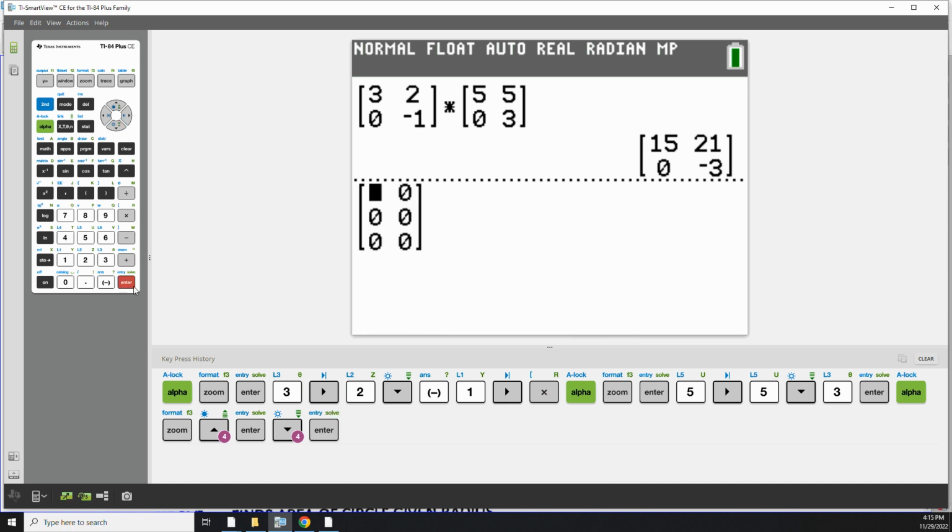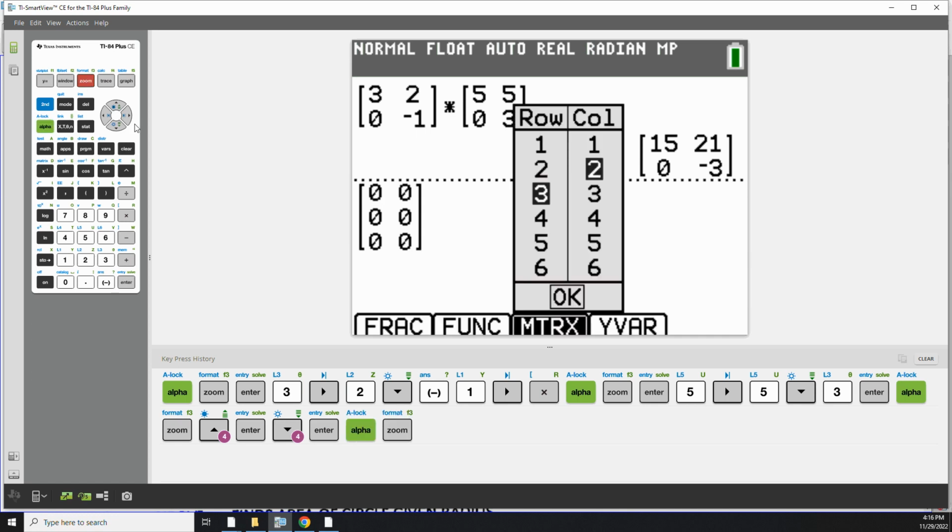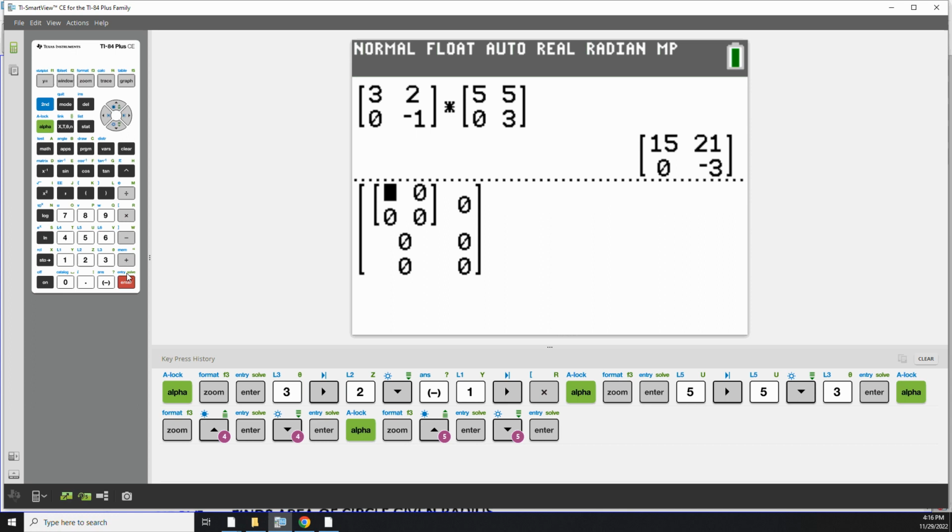And hit OK, and there it is. 3 rows and 2 columns. If you ever do that in my class, change it back, because you really want it sitting on that default setting 2x2, okay? Why do I say 2x2 for the default setting? Because 99% of the matrices are the 2x2.